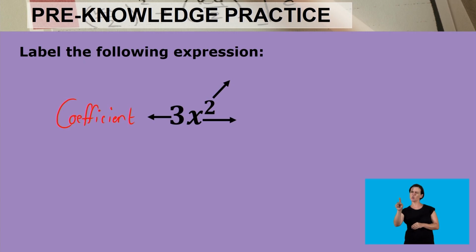What about that 2? Yes, that 2 is our exponent. And what about the x? Well, that x is the variable and it is also the base of our power. So that is what we have there.